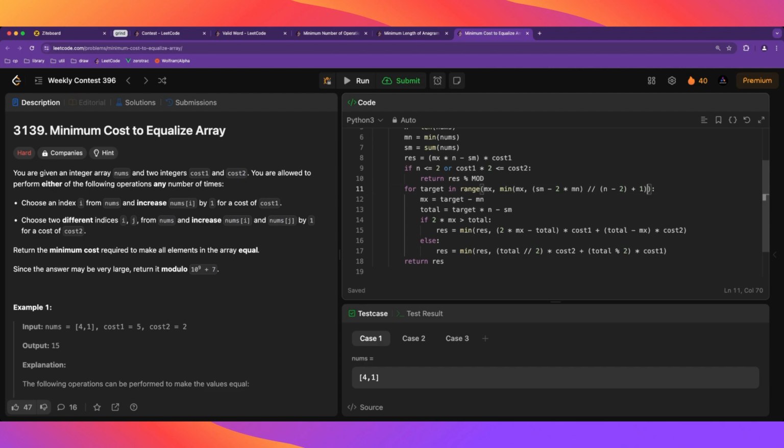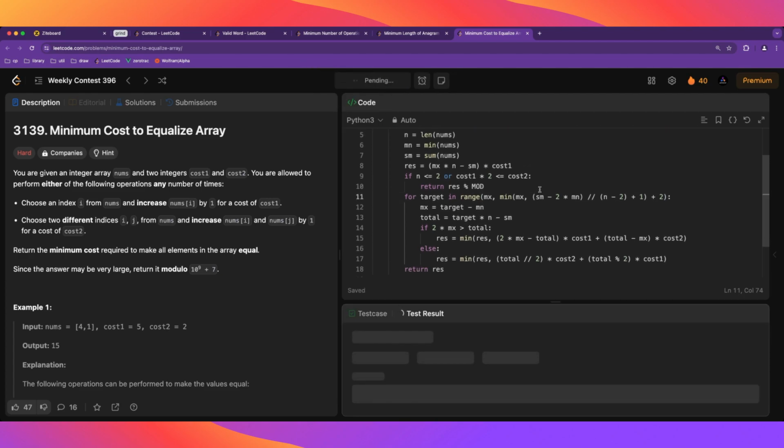But there's a catch here. We might want to consider 2 consecutive values in this case, so that we change the parity and we avoid paying the cost 1 even one time. So that means that here we have to add 2 to it.